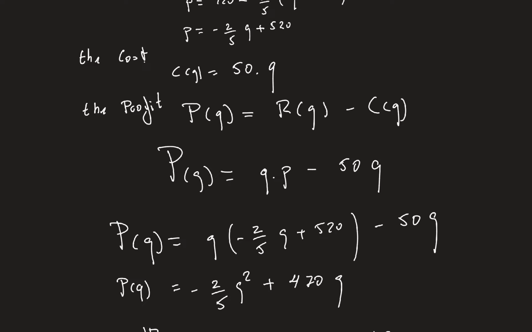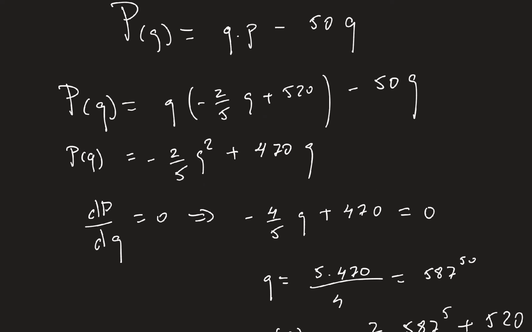So at the end, we can work with the profit as a function of the quantity Q, and it will be minus 2/5 Q squared minus 50Q plus 520Q. This will be 470Q. So this is my equation for the profit.